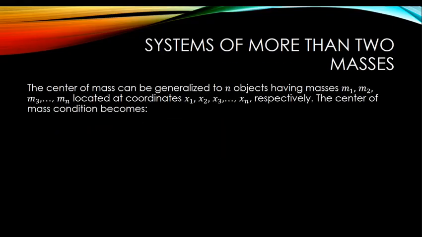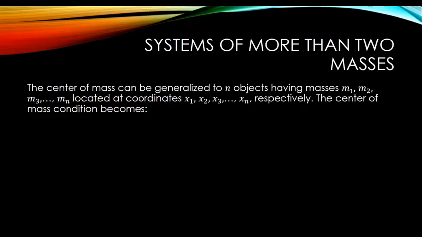My center of mass in a system with more than two masses can be generalized to n objects or masses, each having masses m sub 1, m sub 2, m sub 3, and so on up to m sub n, that are located at the coordinates x sub 1, x sub 2, x sub 3, and so on up to x sub n, respectively.